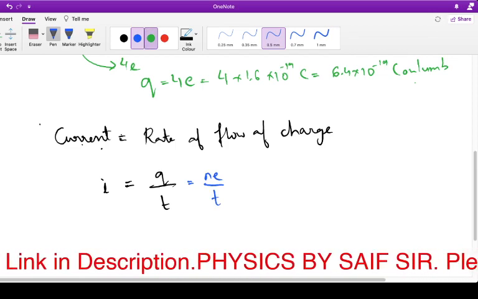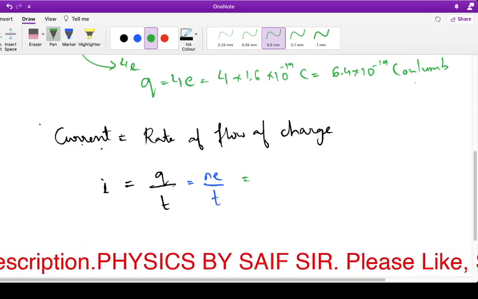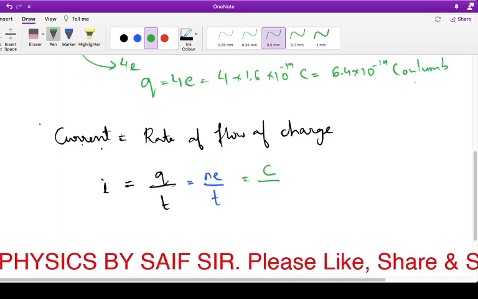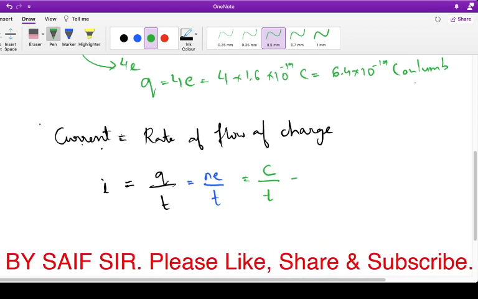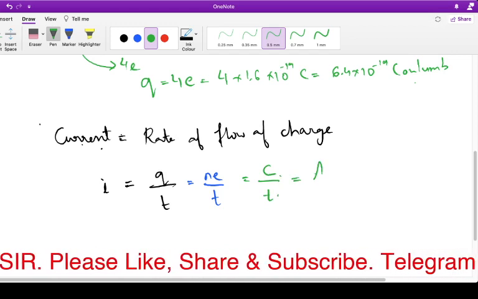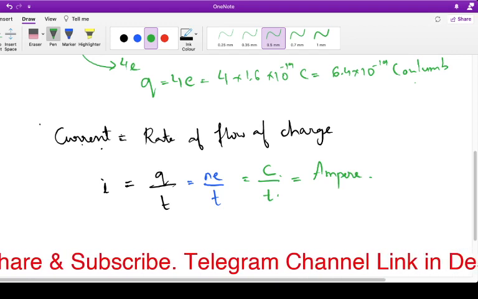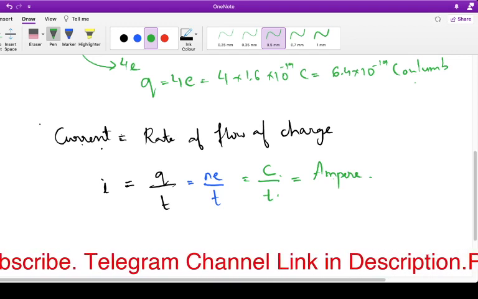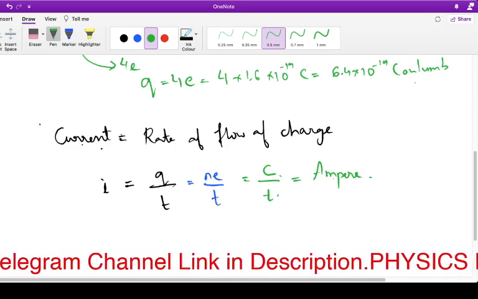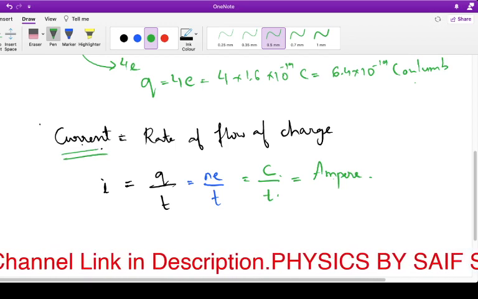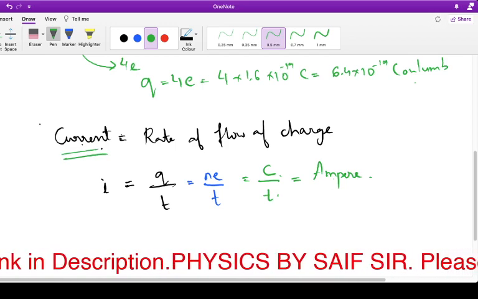Now we will see the SI unit. The SI unit of charge is coulomb, and for time it is second. So coulomb by second is ampere. This is the current, the rate of flow of charge.